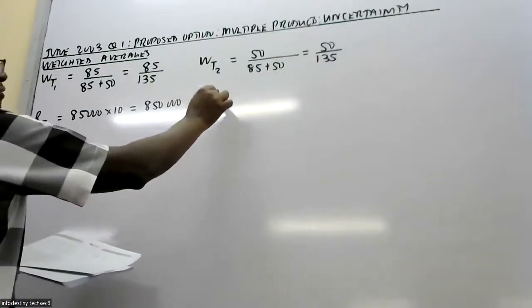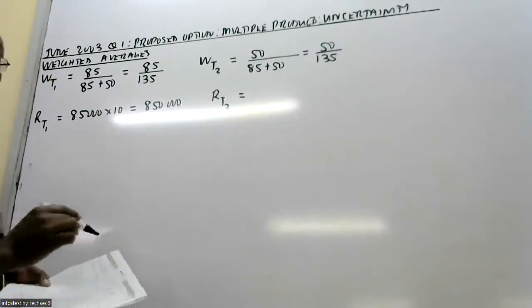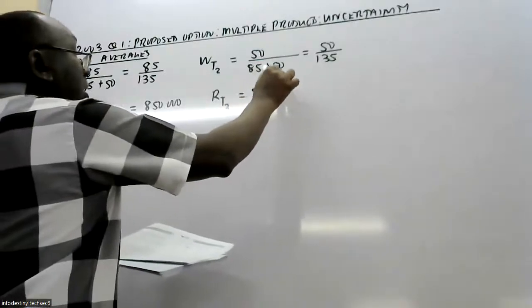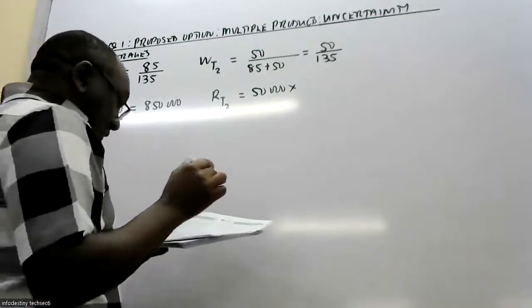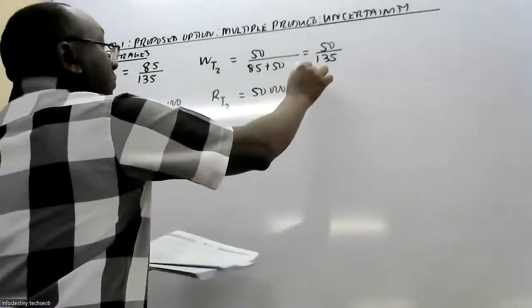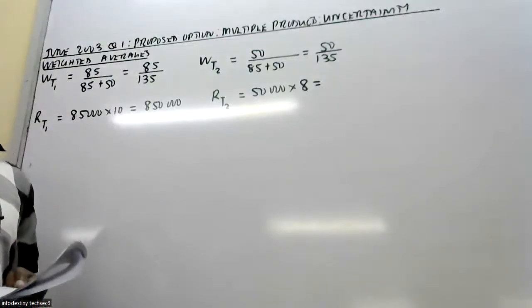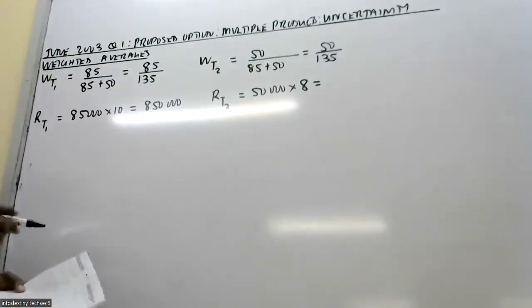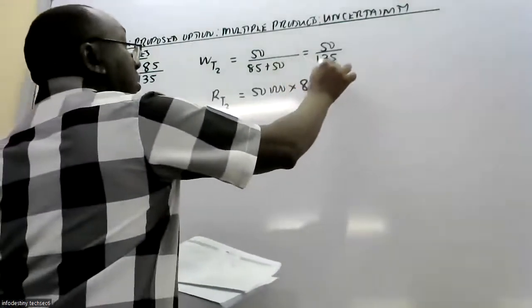The revenue of T2 is 50,000. Product T2 is coming in with a selling price of 8 shillings. So multiply that, $400,000.